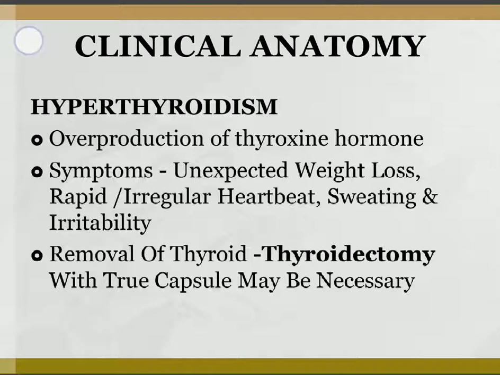Treatment is removal of this thyroid, which is known as thyroidectomy, and along with the gland, the true capsule is also removed, because the dense venous plexus, capillary plexus, it exists, it is embedded within this true capsule, deep to this true capsule. So it is also removed along with the gland.